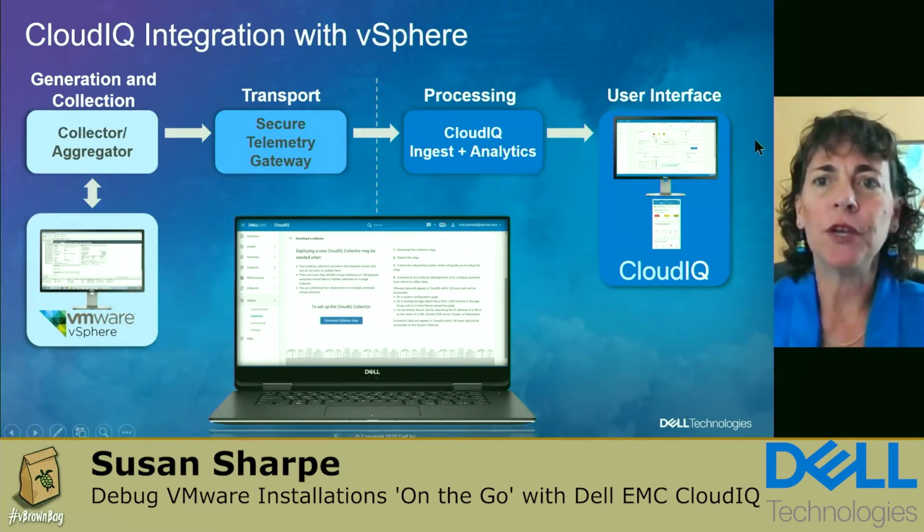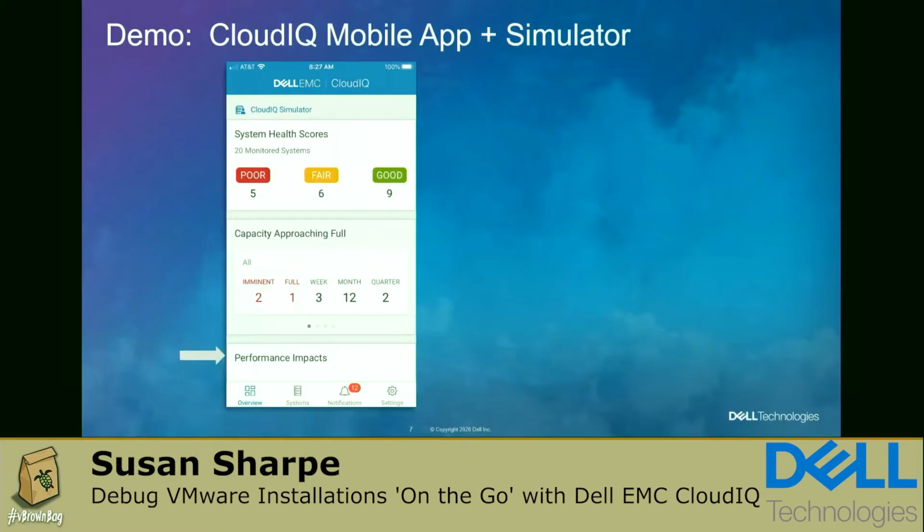So I talked about the user interface and the CloudIQ mobile app. Let's talk about how you would use those with your vSphere and VMware infrastructure. So here's the mobile app. On the mobile app, there's a special area that will draw your attention to whether there have been performance impacts in your environment.